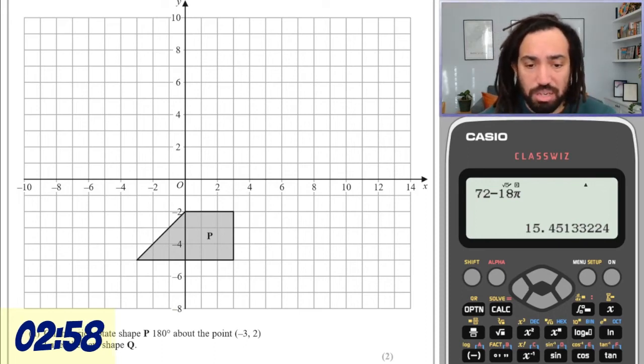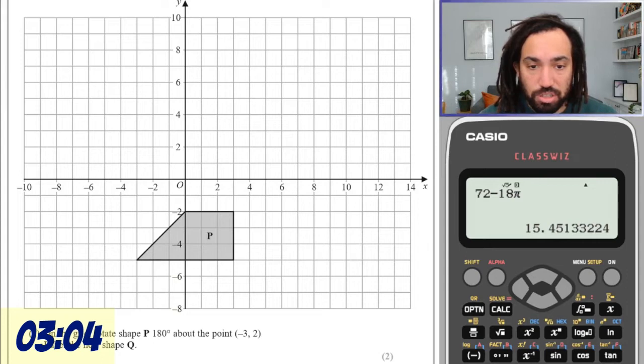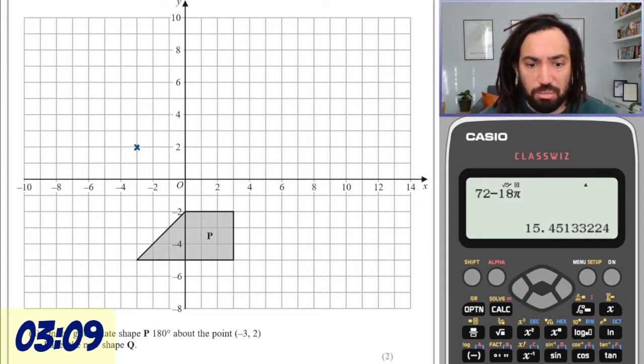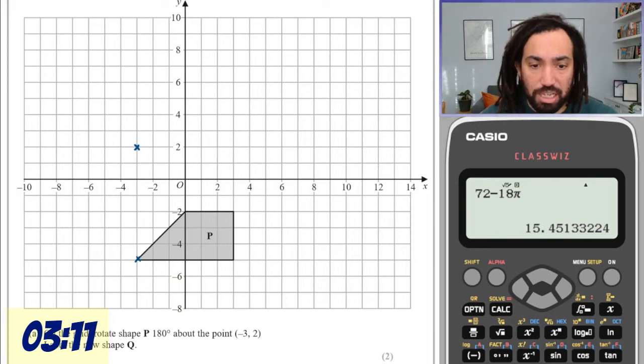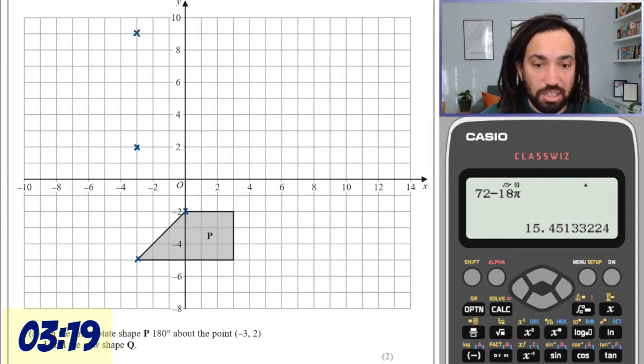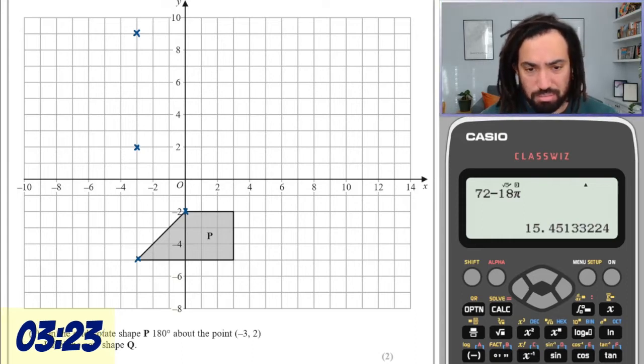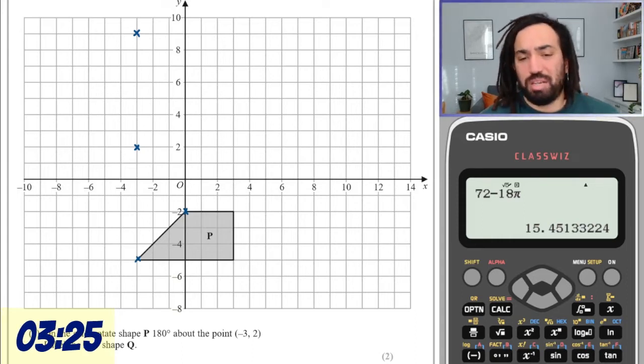On the grid, rotate P 180 degrees about the point minus 3, 2. Minus 3, 2 is here. I mean, this point here is just going to go directly up 5, 6, 7. So it's going to go all the way up to here. This point here is going to go over... oh man, I need tracing paper for this.